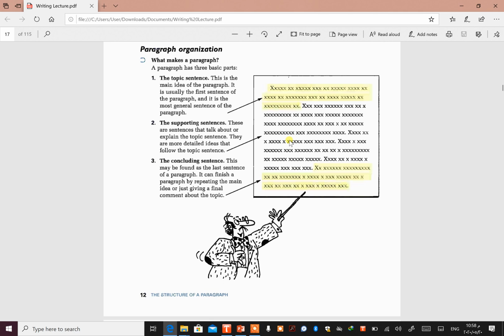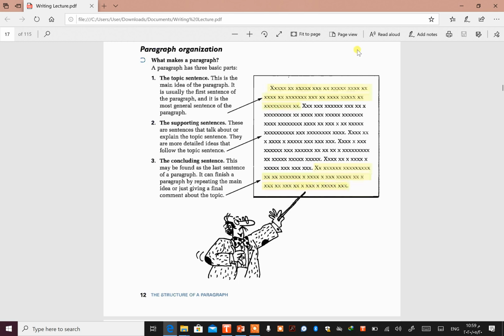What does explain mean? That you give more details, you give description to the topic that you are talking about. And of course, you can do that by providing examples, reasons, many details. I always recommend that the supporting details, even if you write a short paragraph, should have at least three supporting sentences.